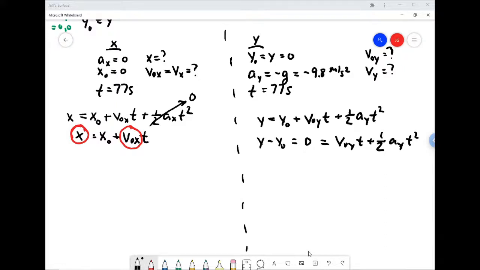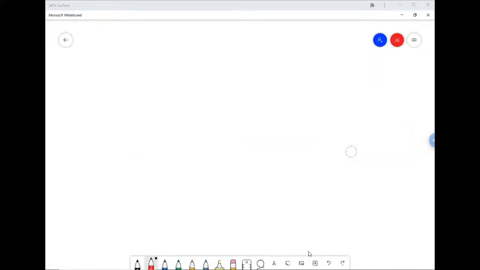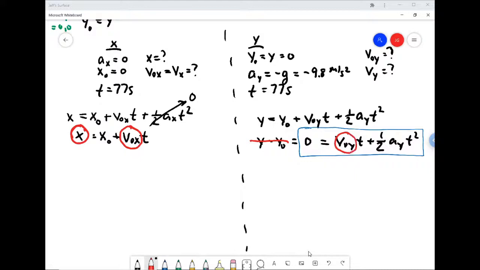So this equation can simplify to this. And what don't we know here? Well, we don't know the initial velocity. That's the only thing we don't know in this equation. We don't know the initial velocity, but we know how long it's in the air.